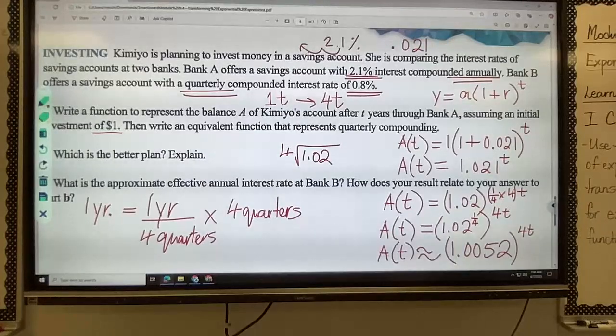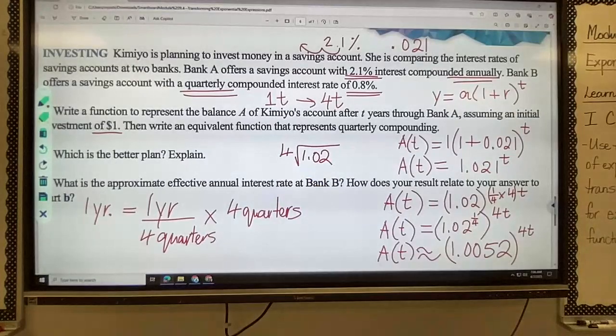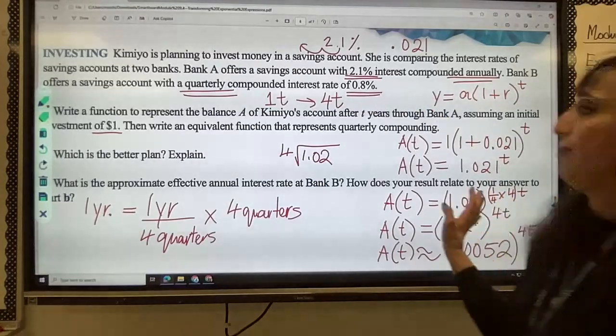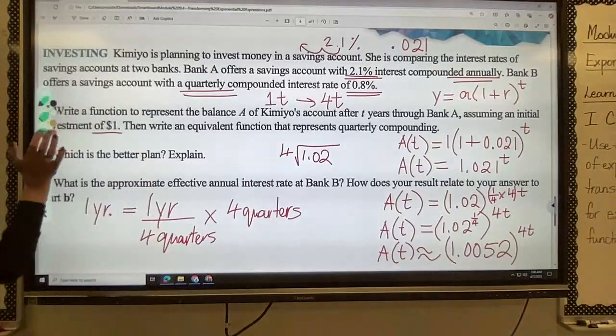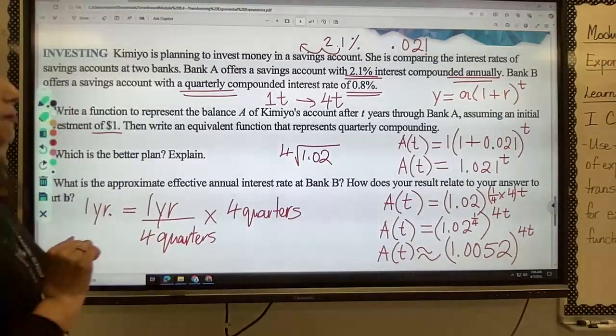And which bank has the better plan? Looking at the other one, we have 800. Let me do that with blue.